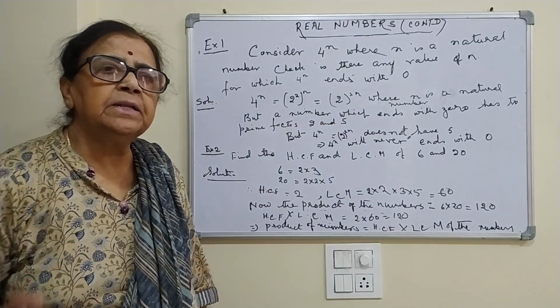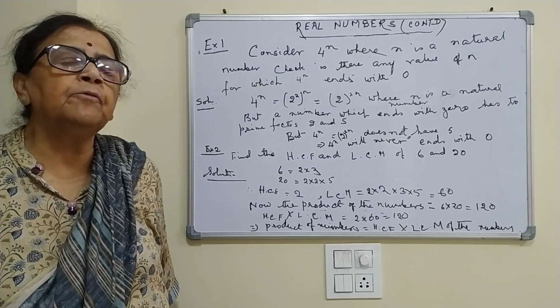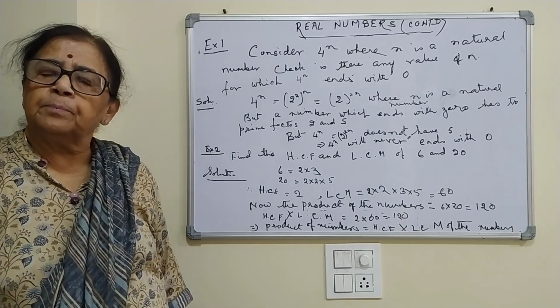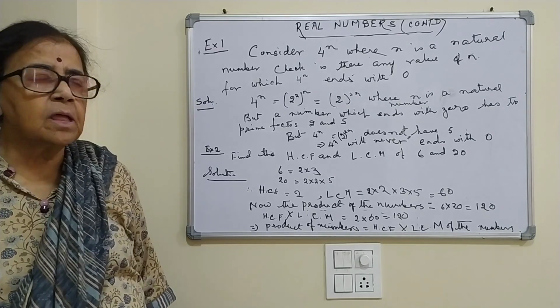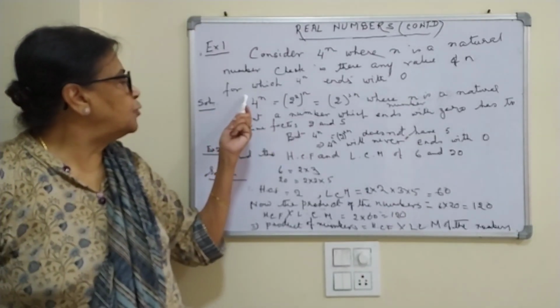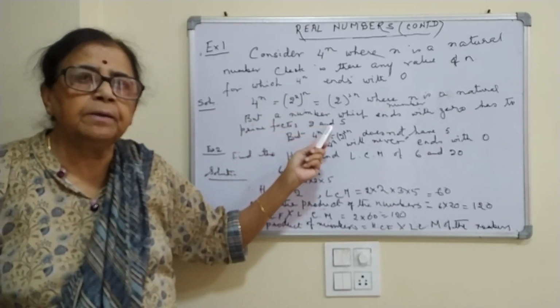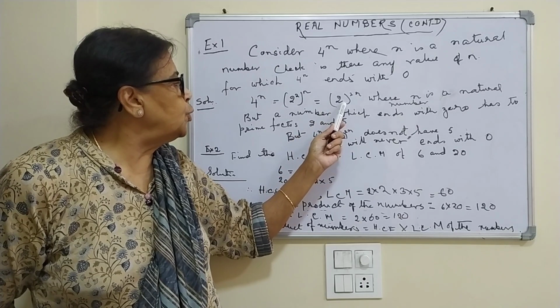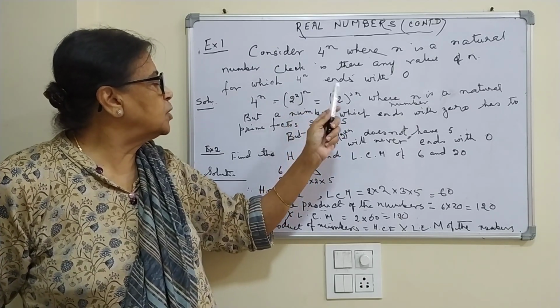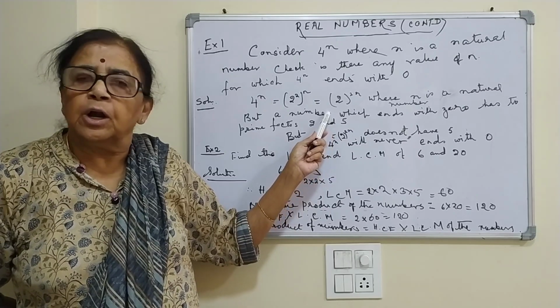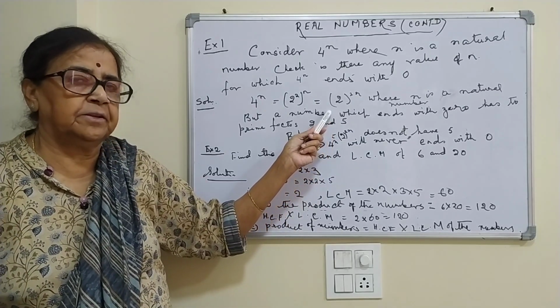When a number ends with 0, that means you have to have 5 and 2 as prime factors. So I have written here 4 raised to the power n can be written as 2 square whole raised to the power n, which is 2 raised to power 2n. So there is only one prime factor. There is no 5 in it.